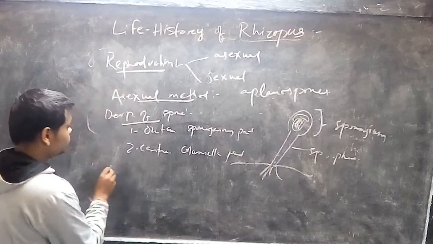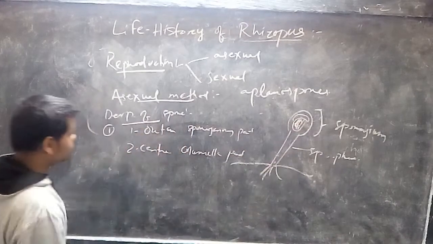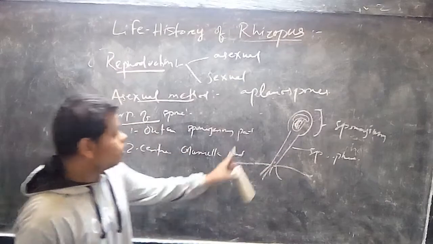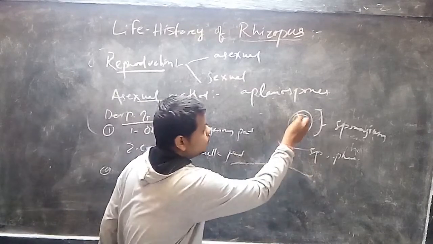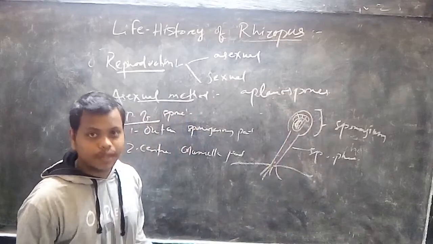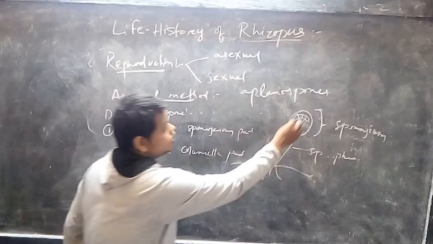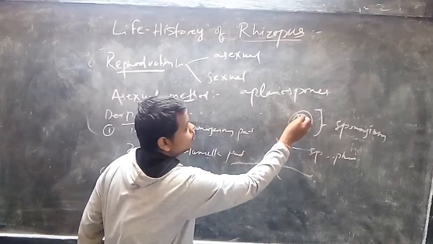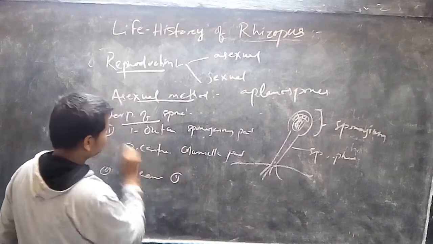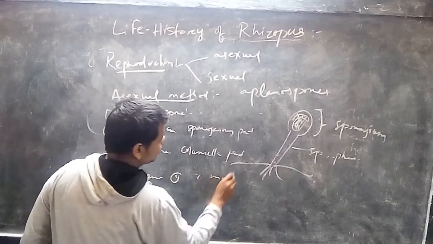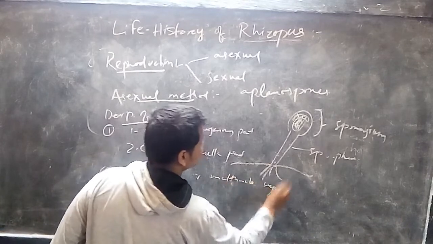In the next stage, what happens? In the first stage, the protoplasm is divided into two different parts. Then in the second stage, cleavage occurs in the outer sporogenous part. Cleavage, or breaking down, occurs in the outer sporogenous part, and multinucleate segments are formed.